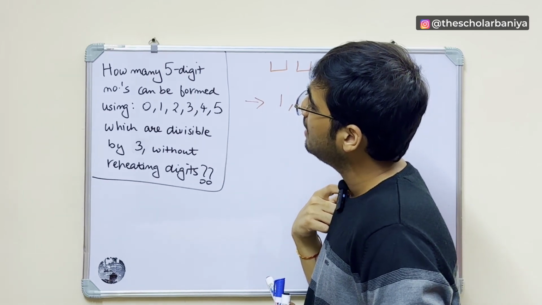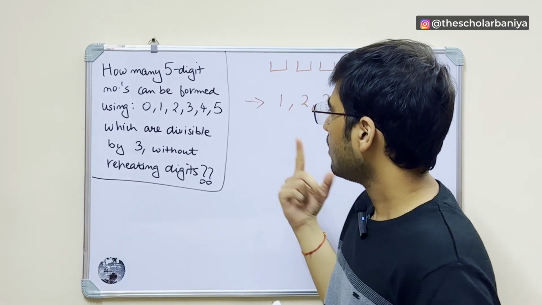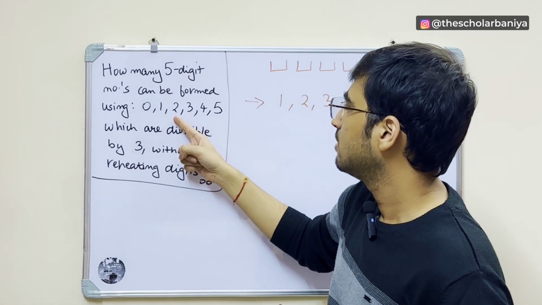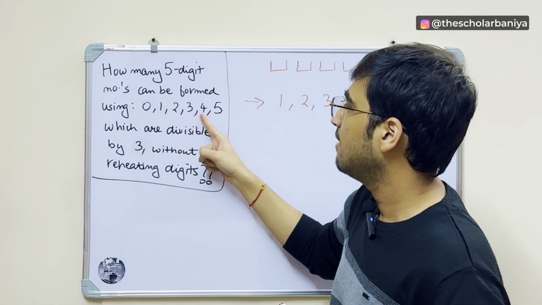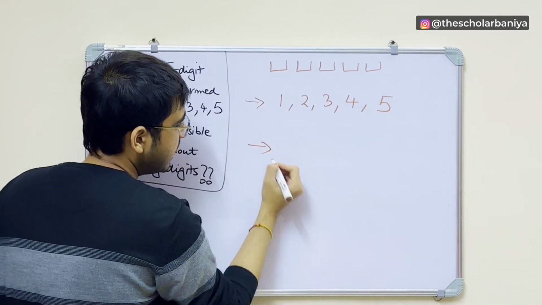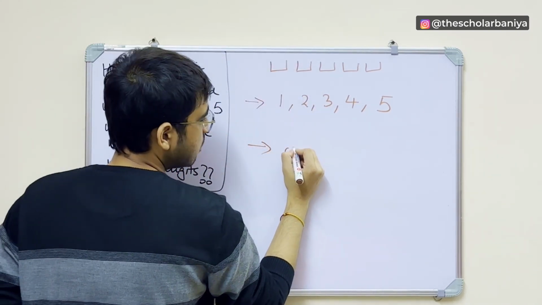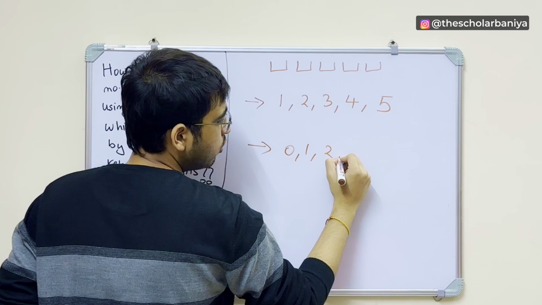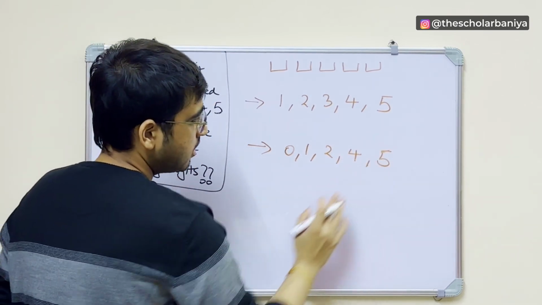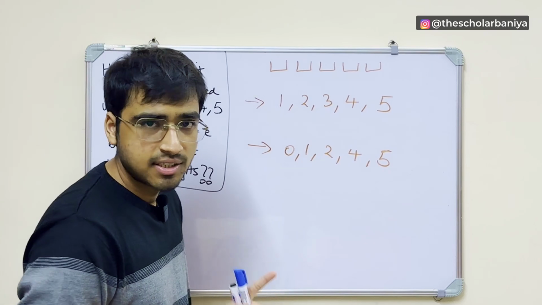Or maybe let's take 5 plus 2, 7, 7 plus 4, 11, 11 plus 1, 12, right? So I saw one more case, which is 0, 1, 2, 4, 5. So these are 5 different digits that I've taken.